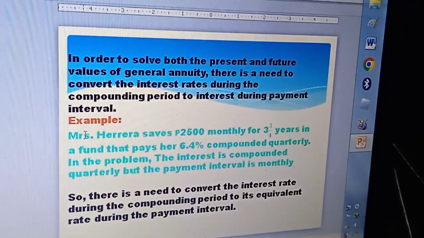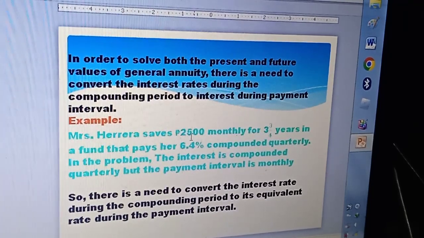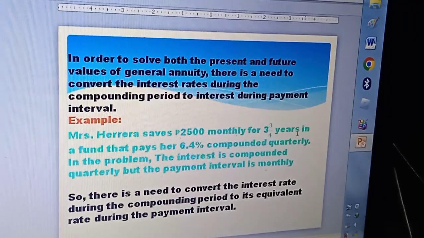So we have an example. Mrs. Herrera saves 2,500 monthly for 3 3/4 years in a fund that pays her 6.4% compounded quarterly.